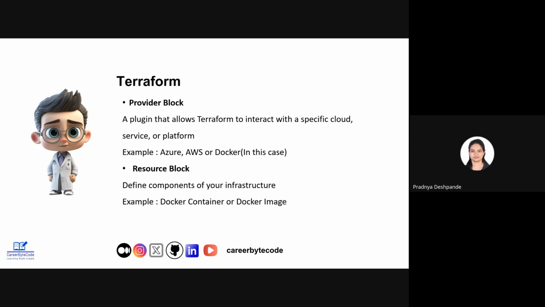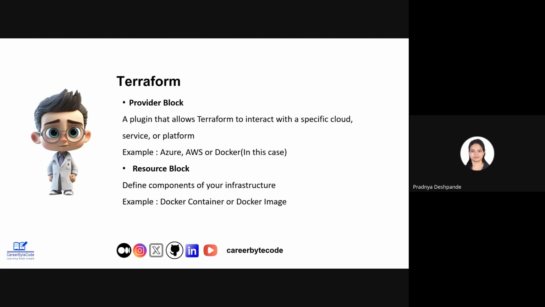First, I'll go through the provider block. Let's suppose you want to create a few resources, for example a resource group in Azure, or on any cloud platform you can take. You prepared a configuration file, you referred to the Terraform documentation, and created the configuration file for that.